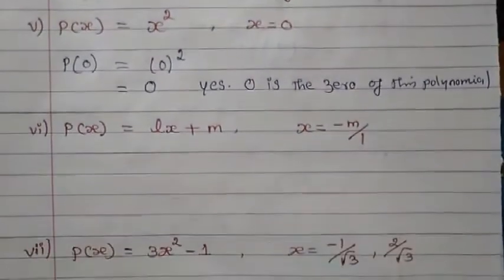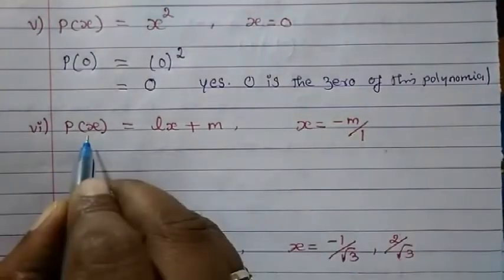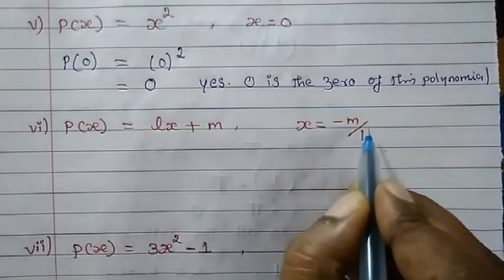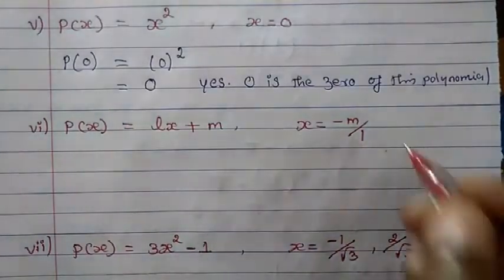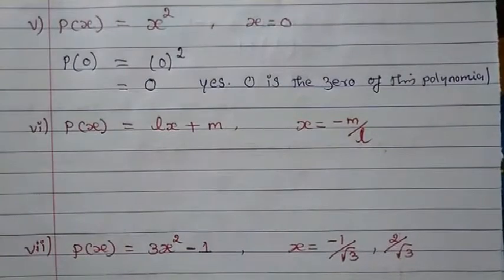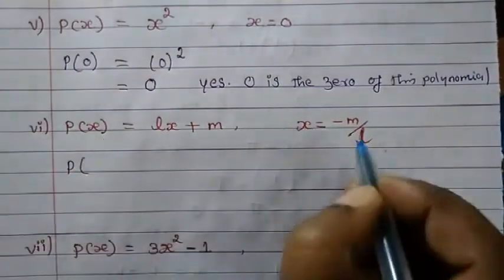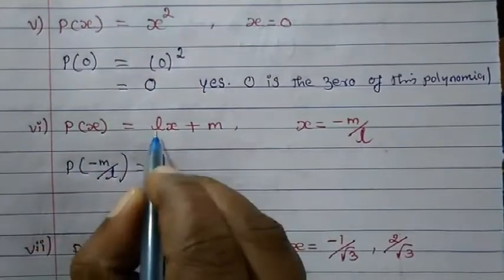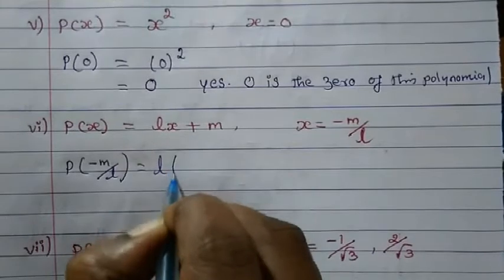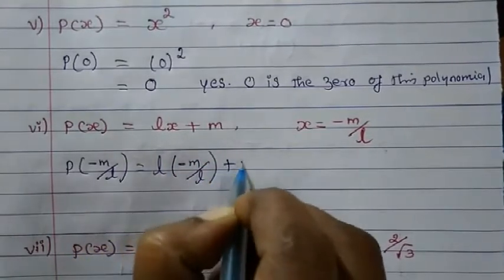So now let's see the sixth one. In the place of x, what do we have to put? Minus m upon l. This is actually l. So in the place of x, we have to put minus m upon l. So l times minus m upon l plus m.